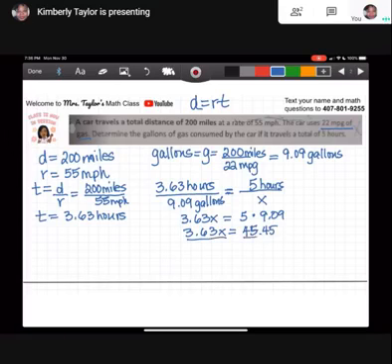Divide both sides by 3.63. And so the number of gallons of gas you use for 5 hours of travel would be about 12.52 gallons of gas. And there you have it. Let's go to another question.